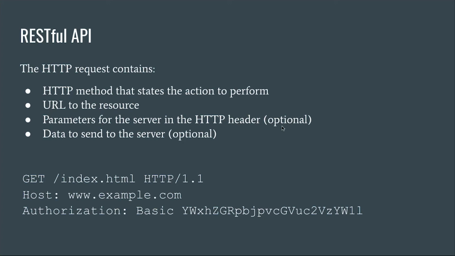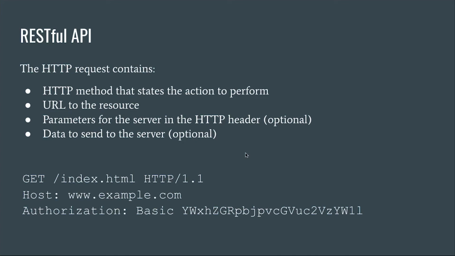So that means you may or may not need to specify the parameters or send any data to the server. But the minimum you need to specify in any HTTP request is the method. Usually it's a GET or POST, and also the URL that you want to query, which is this URL over here.